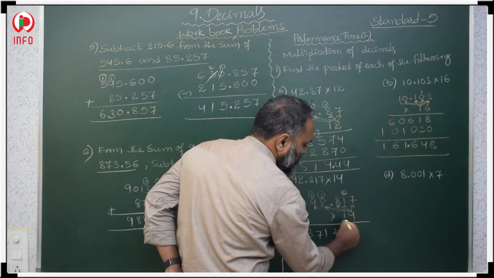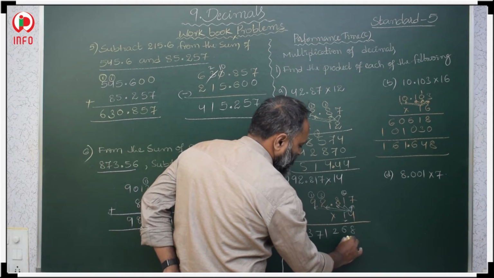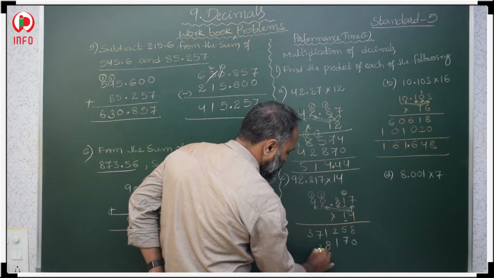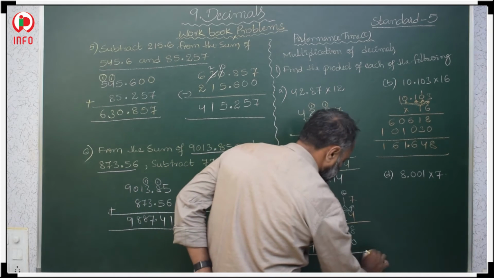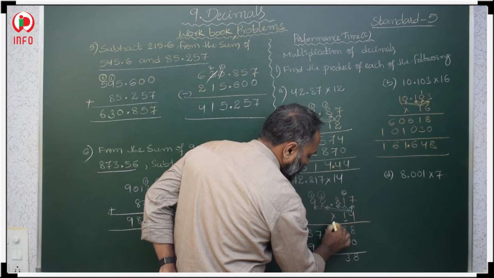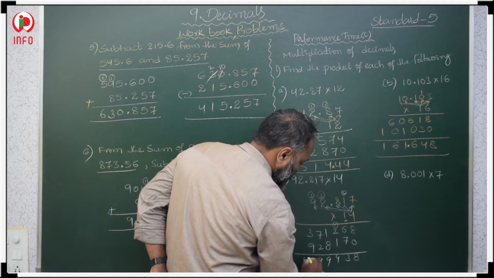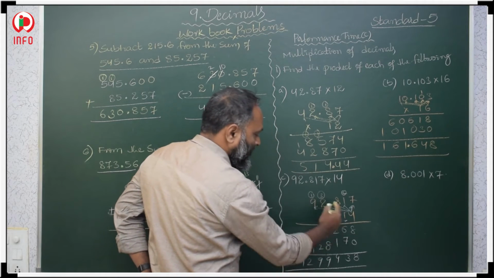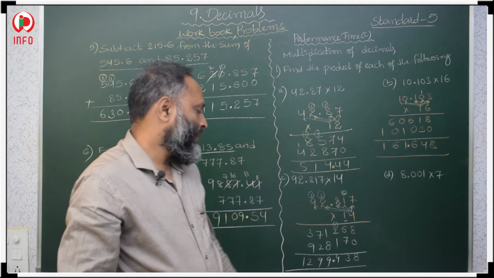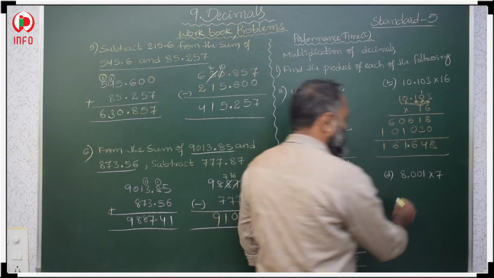Now it starts with the tens place, so 0 first. 1 7 is 7, 1 1 is 1, 1 8 is 8, 1 2 is 2, 1 9 is 9. Now add: 8, 13 and 1, 4, 9, 9, 12. After 3 digits, 1299.438.